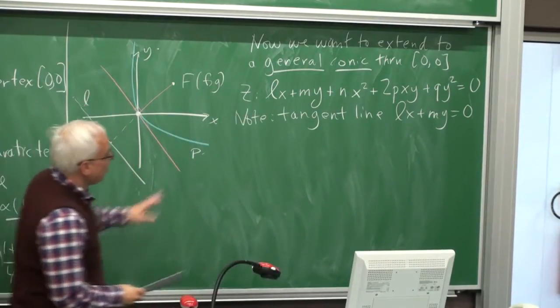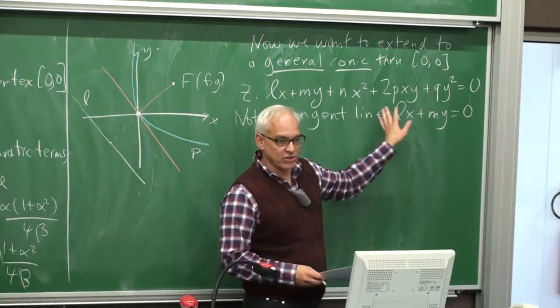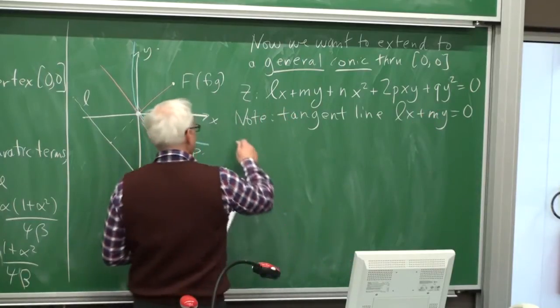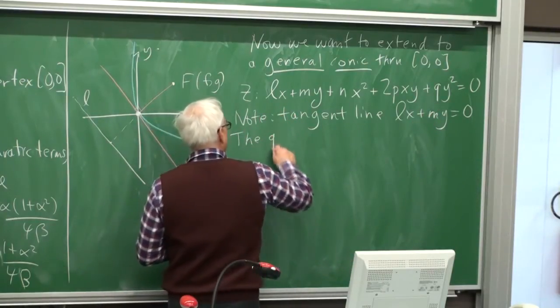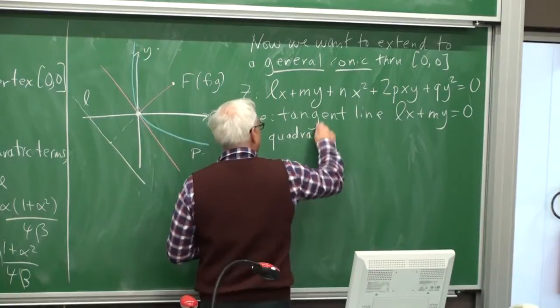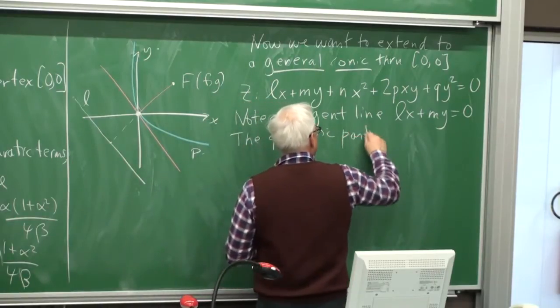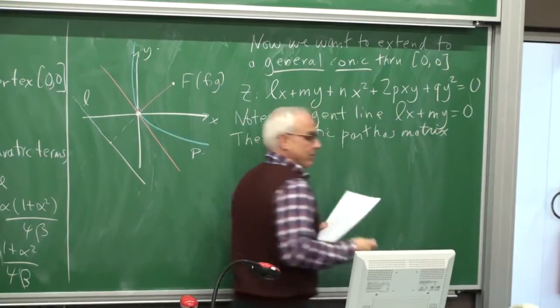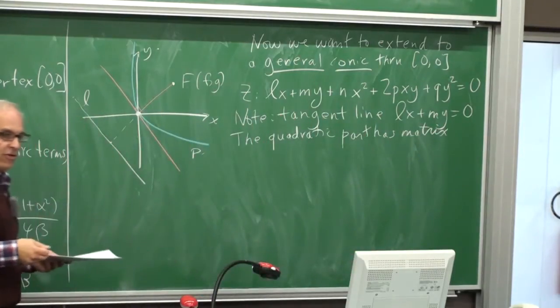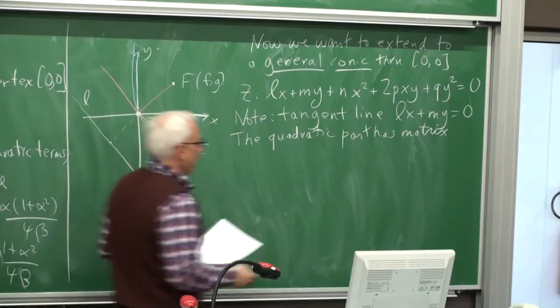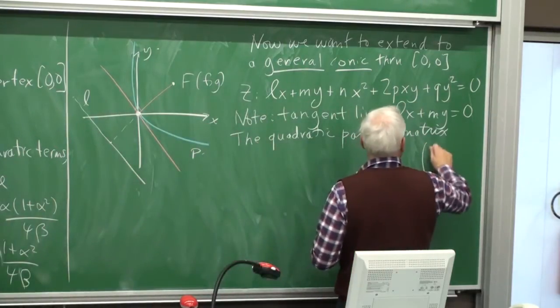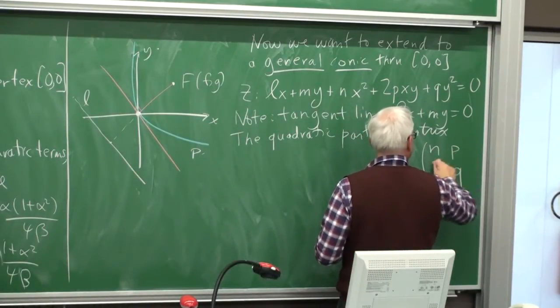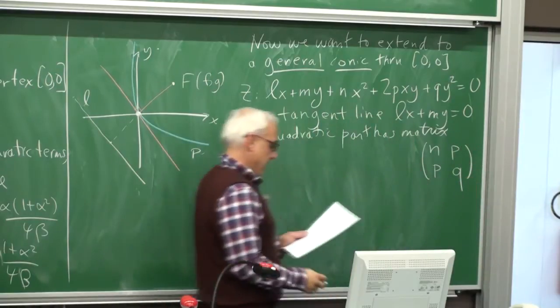And we'll also note that the quadratic part of the conic has a matrix, because we like to represent quadratic forms with matrices. So we could represent that with the matrix n, q, and p's on the off-diagonal elements.